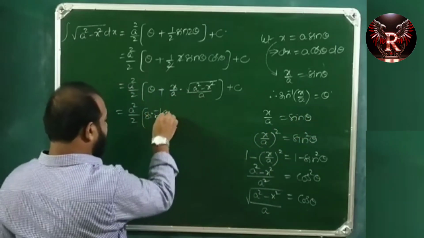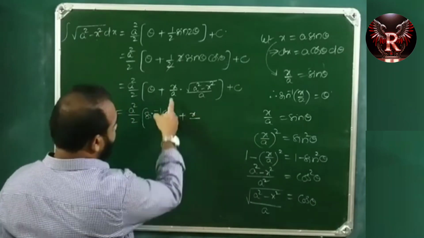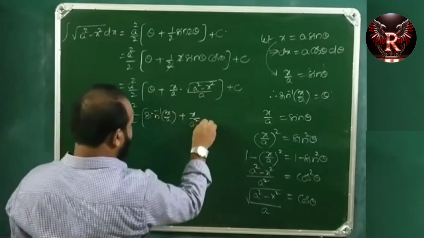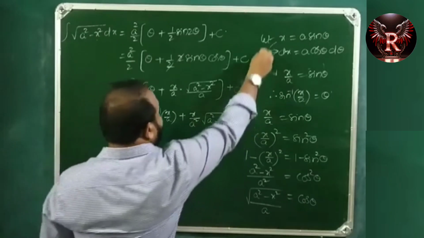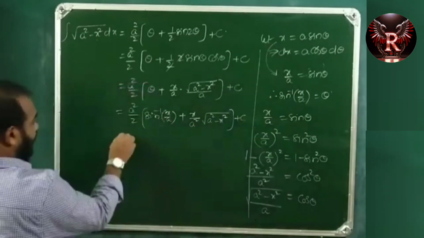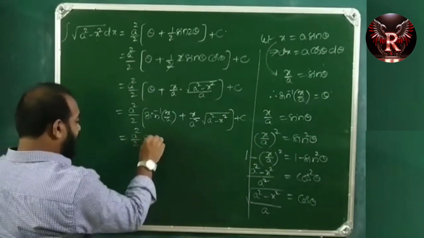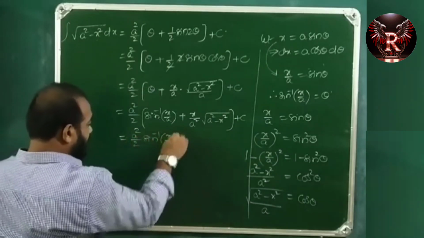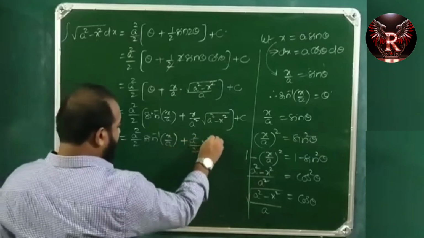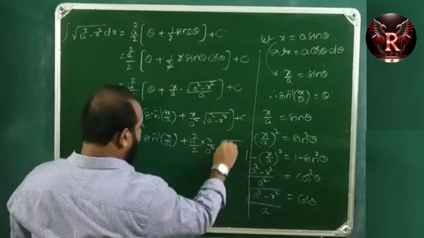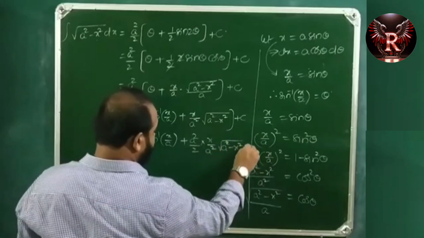Sin inverse x by a plus x by a into a, which is a square, into square root of a square minus x square plus c. This is equal to a square by 2 into sin inverse x by a plus a square by 2 into x by a square into root of a square minus x square plus c.